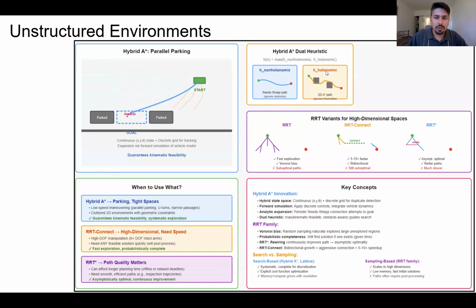Or you could do a holonomic one, which considers obstacles, but is only doing obstacle avoidance and not taking into account your non-holonomic constraints, which means your curvature limits, and essentially the robot can move on the side, so it can sidestep. You then combine these two heuristics, which are the subproblems, into a single heuristic by taking the max. And by doing this, you are able to get your optimal solutions.